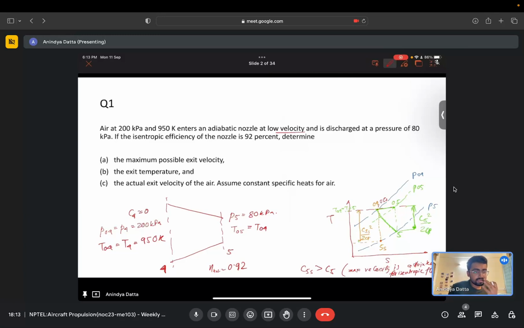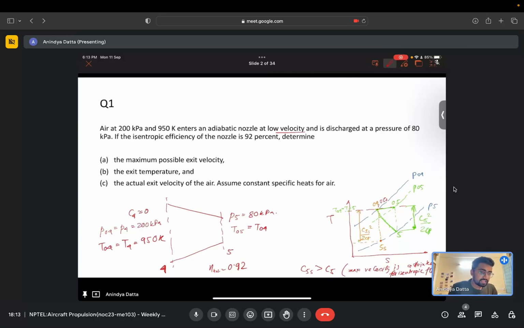That is, the flow is isentropic. Remember that the basic operating principle of a nozzle is to increase the flow velocity at the exit. Correlate this with the thrust equation: thrust is proportional to the difference between the nozzle exit velocity and the flight speed, or the aircraft velocity.